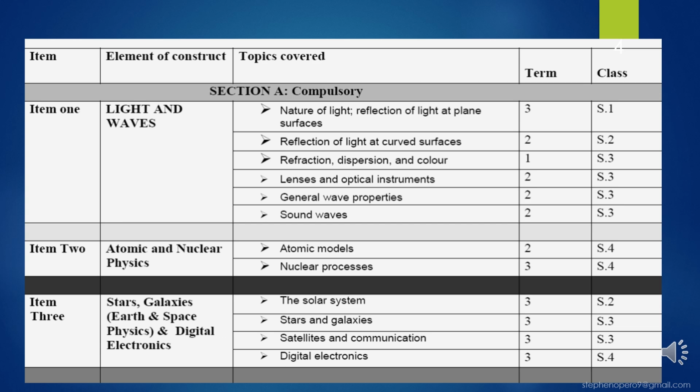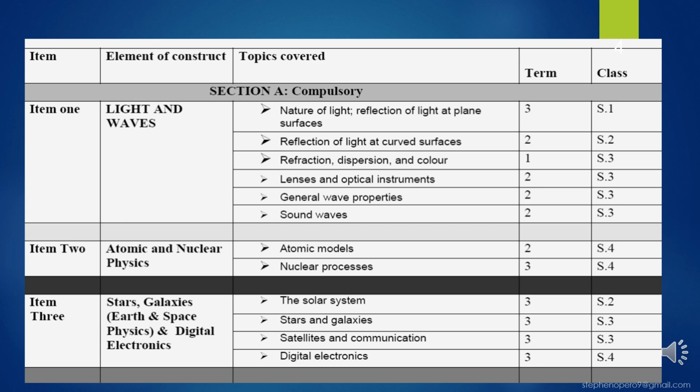This slide gives us a breakdown of how the topics are grouped to form a theme, from which we see the item distributions. Item 1 comes from the theme light and waves.